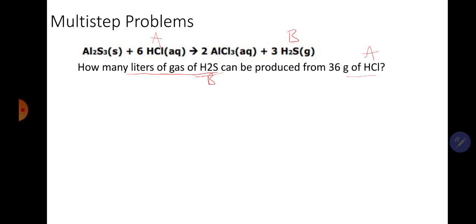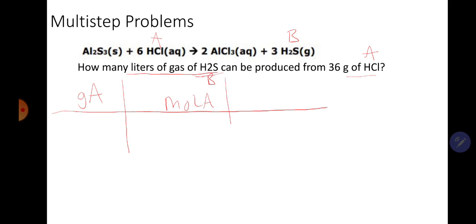So we're starting off with grams of A. We said we were going to go to moles of A, then we're going to do moles of B, but we want liters at the end of the day.